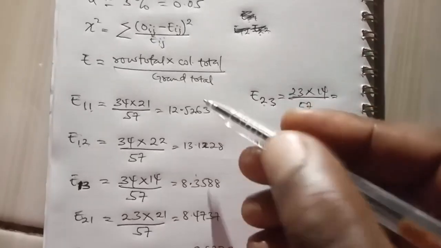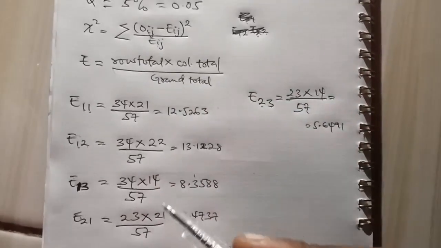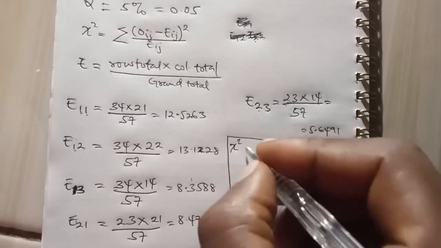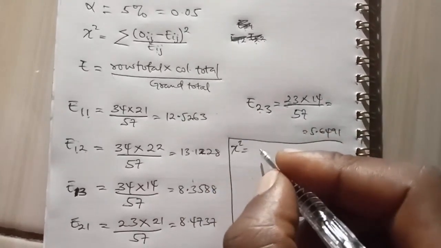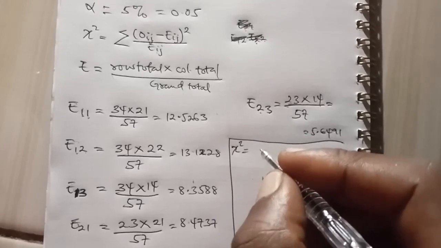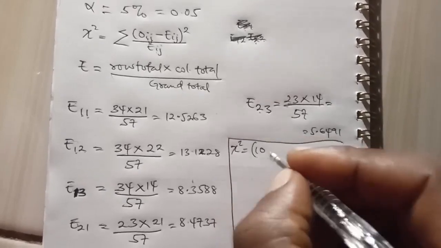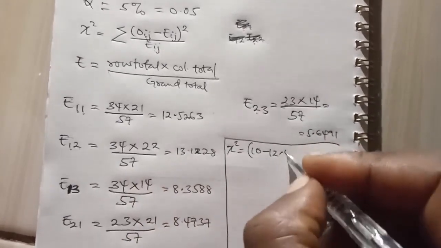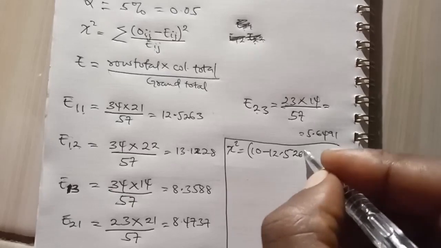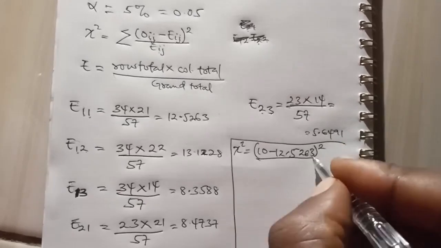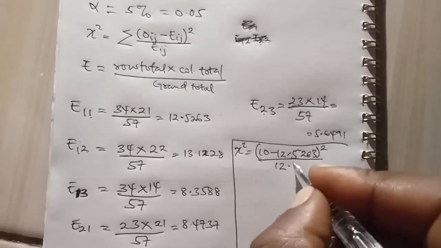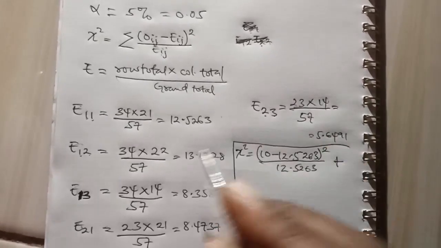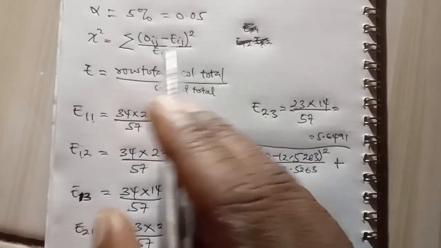So having gotten the values for them, we can now use our formula that says chi-square is observed value minus expected value, all squared over expected value. In the table, the first observed value given to us was 10. 10 minus the first expected value, 12.5263, all squared over 12.5263, plus, because the formula says summation, so we need to add.